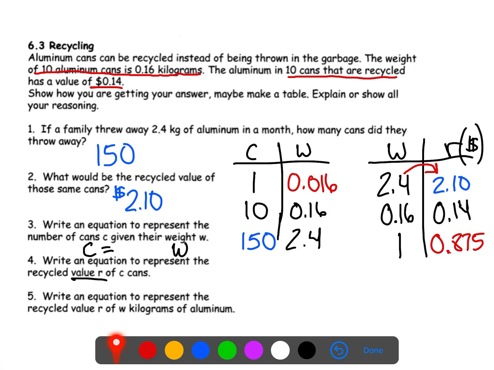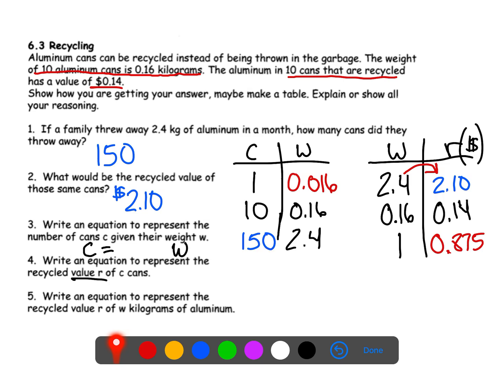So that's actually going to be the opposite of what this table is showing me. Here we went from the number of cans to getting the weight. That was what this constant of proportionality showed us. Now we're working the opposite way. We want to take a weight, multiply it by something, to get the number of cans. So in a sense, it's what happened here.